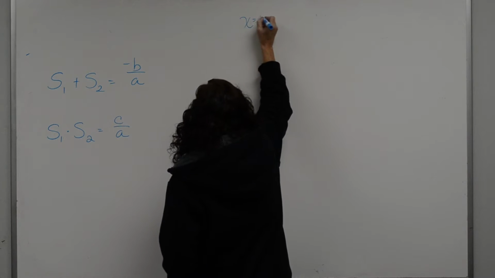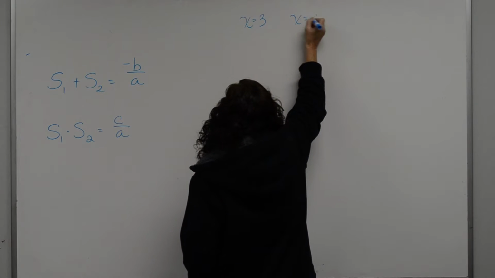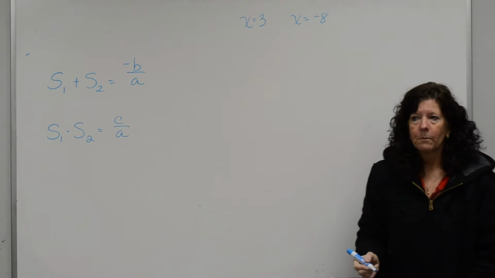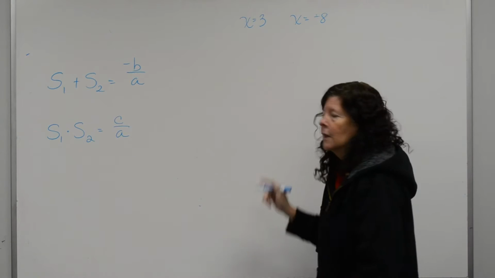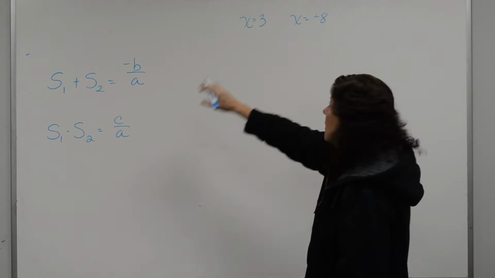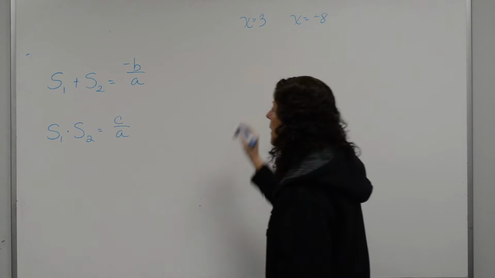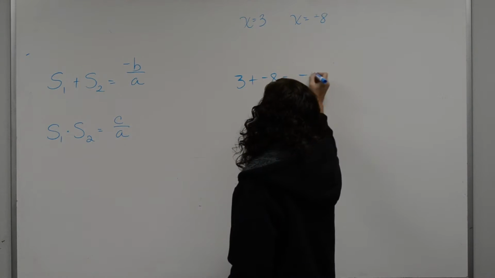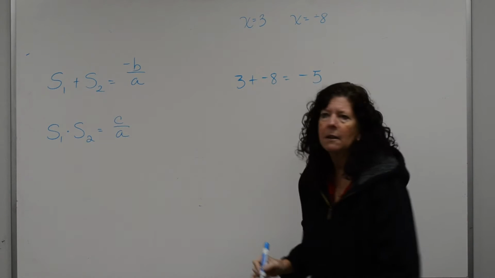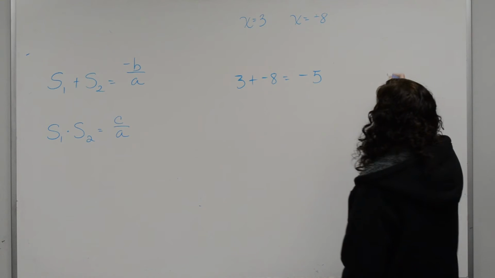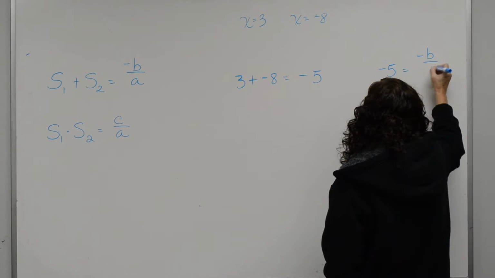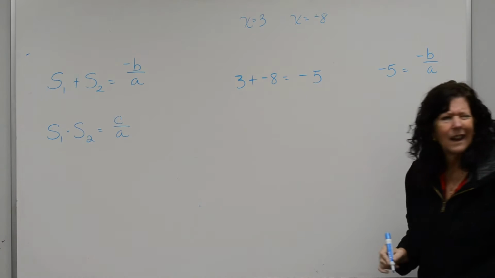Let's say these are my two solutions, 3 and negative 8. I'm going to follow the formula and add these two together. 3 plus negative 8 gives me negative 5, right? Well, negative 5 is going to equal negative b over a.